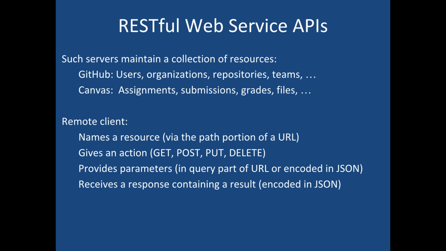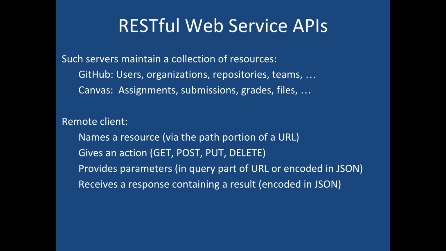The way you think about a service like this is you think of the service as maintaining a collection of resources. So GitHub keeps track of users and organizations and repos and teams and files and commits and so forth. Canvas keeps track of assignments and submissions and grades and students and so on.